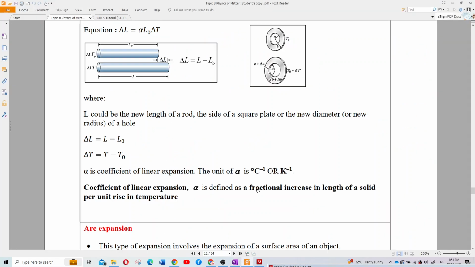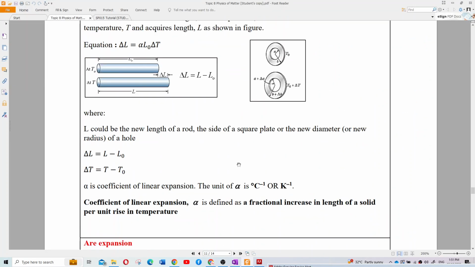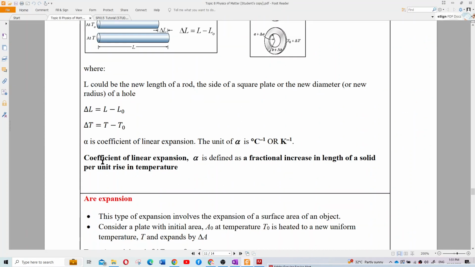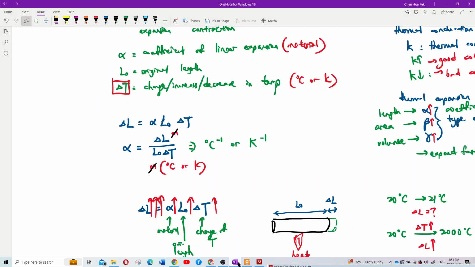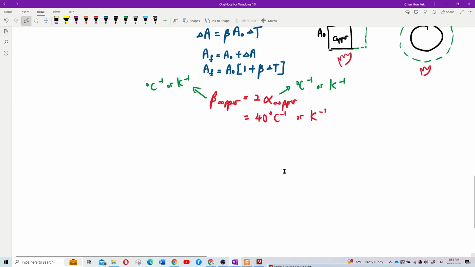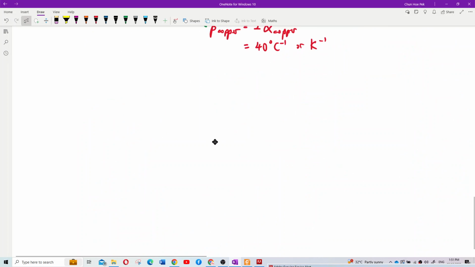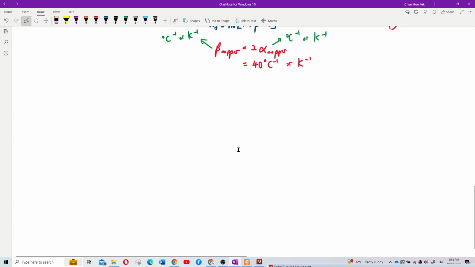If you look at these notes, it says alpha is the coefficient of linear expansion, defined as the fractional increase in length of a solid per unit increase in temperature. Do you understand these terms, class? Fractional increase in length? Let me write it out over here.